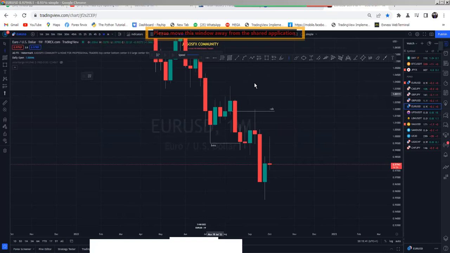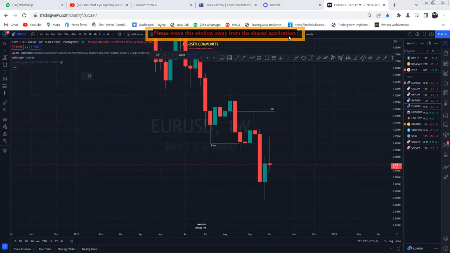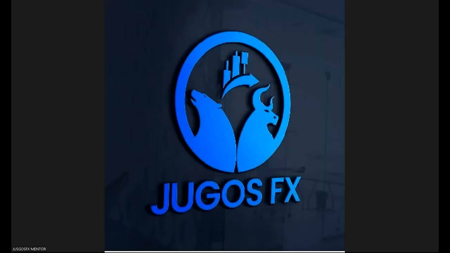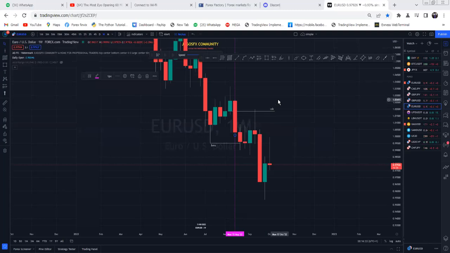Just give me a second. Please move this window away from the shared application. Let me just stop sharing for a while.